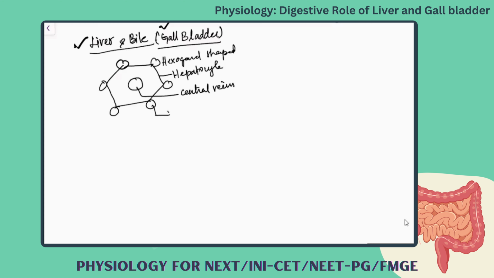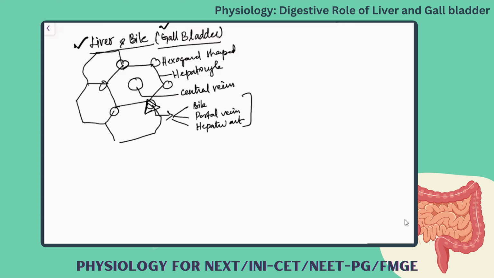This triad includes the pathway for bile, the portal vein and the hepatic artery. Here you have another hepatocyte, and here another hepatocyte. This is how the functional unit of the liver gives the cellular organization of the liver.